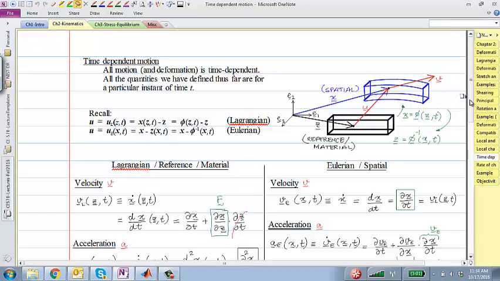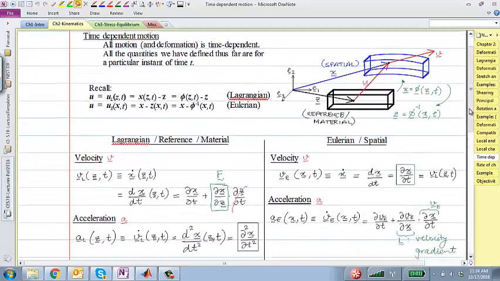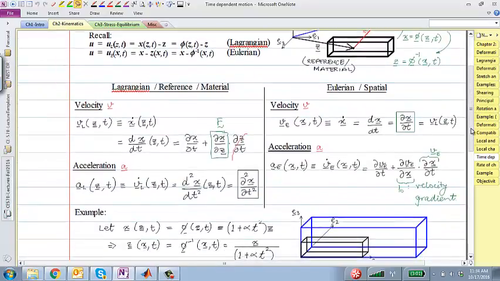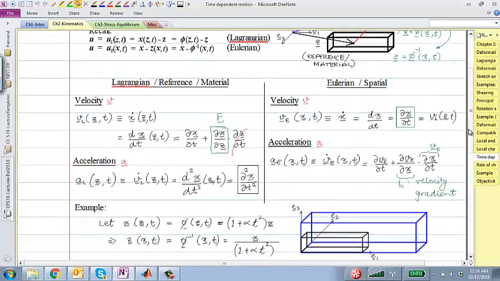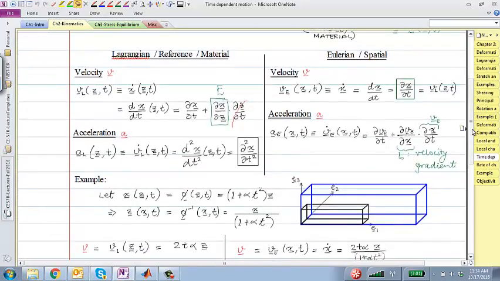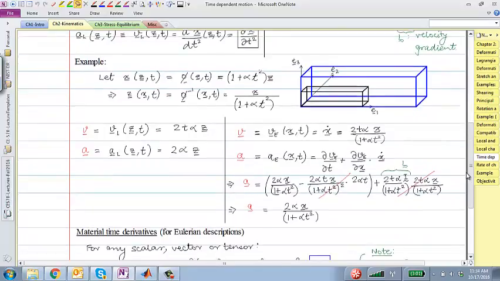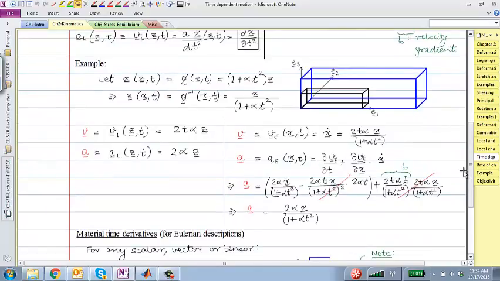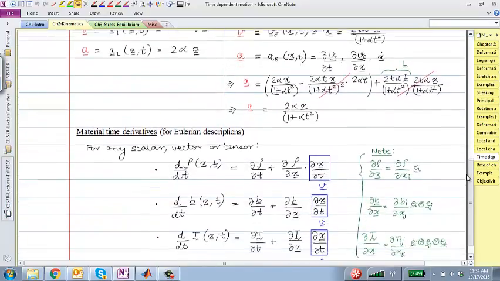I hope the distinction between these two is clear to you now. Last time we went through the definitions of acceleration and velocity, and we looked at an example of a uniform expansion in all three dimensions, where the rate of expansion is a function of time. We came up with expressions for velocity and acceleration that matched with each other.